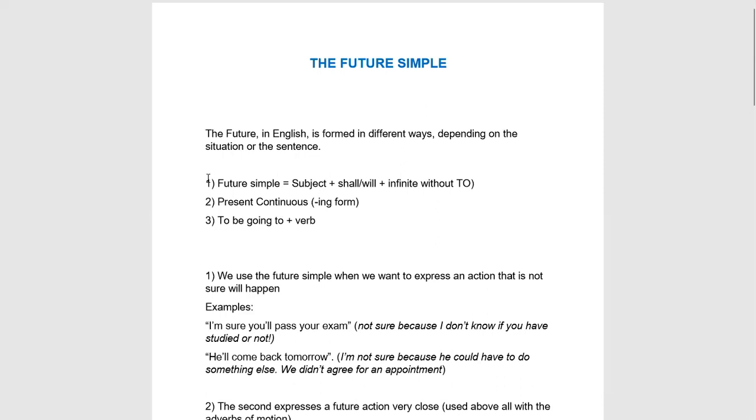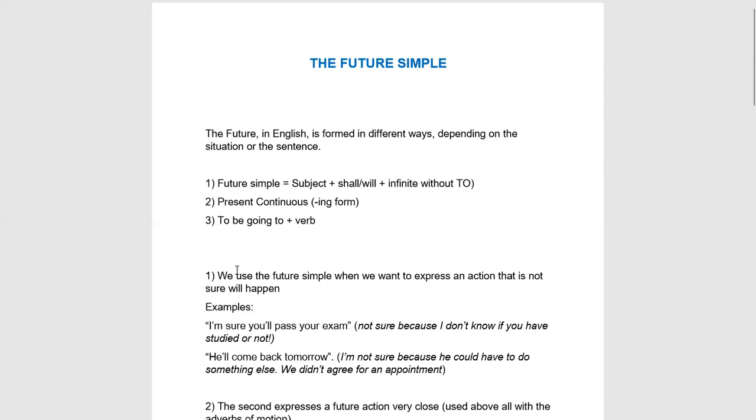First, the future simple is formed with subject plus shall or will plus the infinitive without to. Second, the present continuous, the ing form. Third, to be going to plus the verb. So let's see examples.